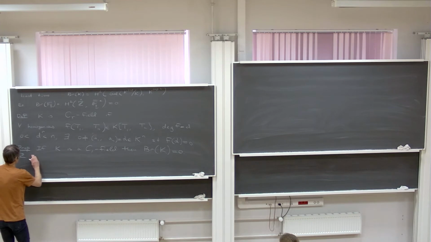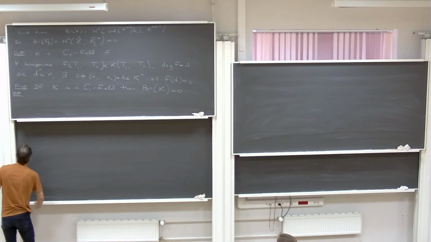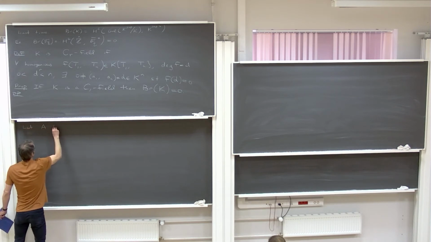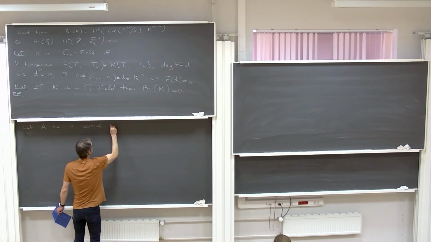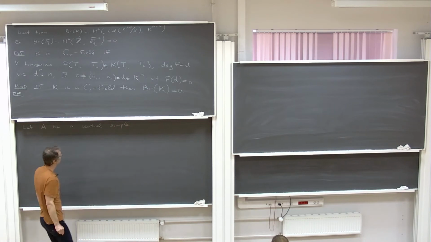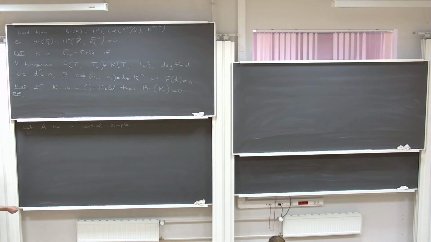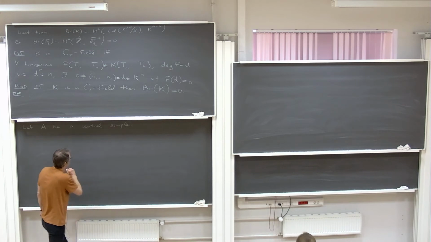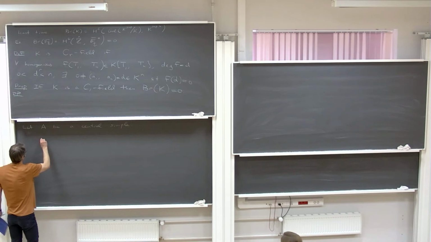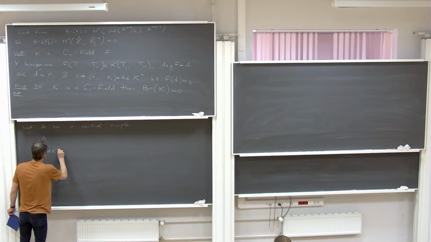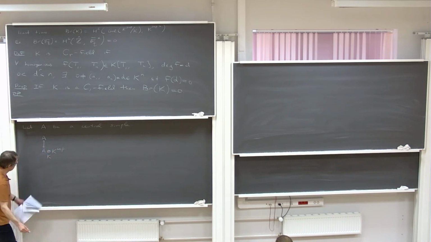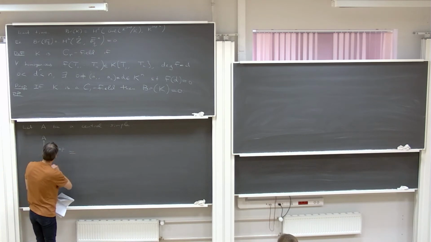So let A be a central simple algebra. We can embed A into A tensor K sep over K. And this algebra is isomorphic to the matrix algebra.